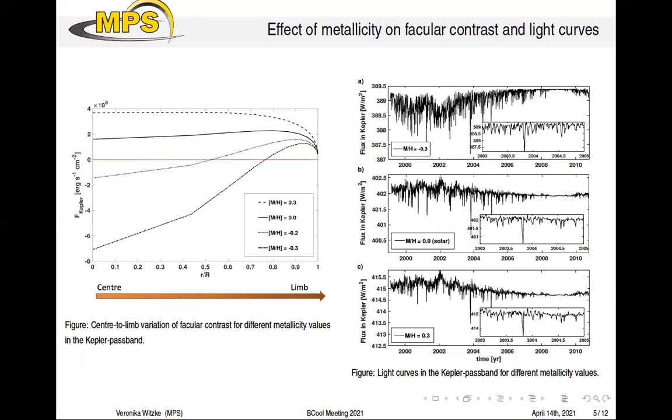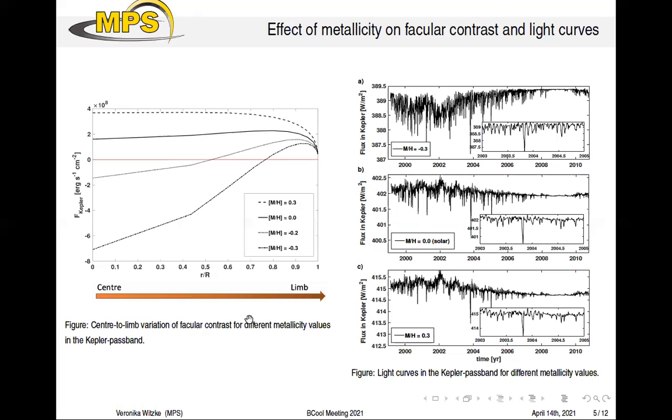If we then go to higher metallicities, the contrast remains roughly the same, and then actually becomes darker towards the limb, but it's a brighter feature overall. If we go to lower metallicities, what we saw is that the faculae contrast actually becomes dark in the center and then much brighter at the limb.